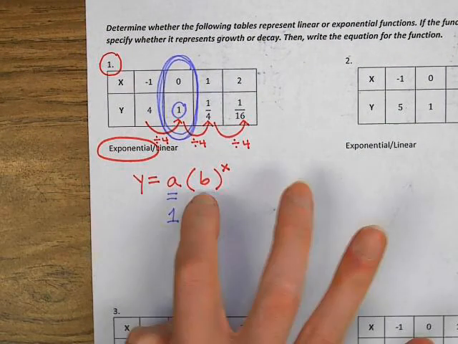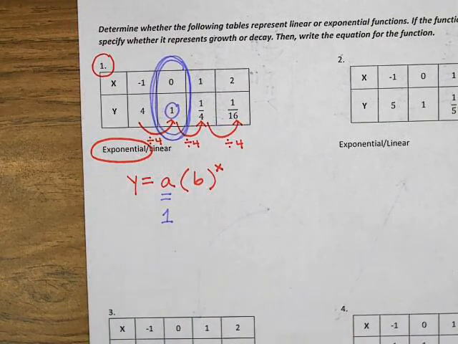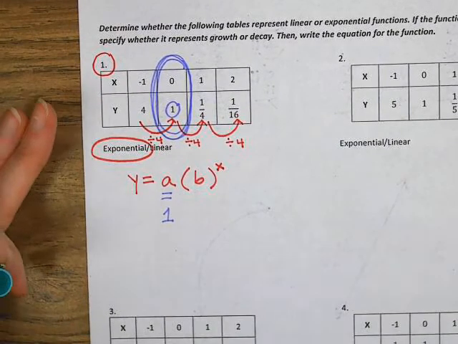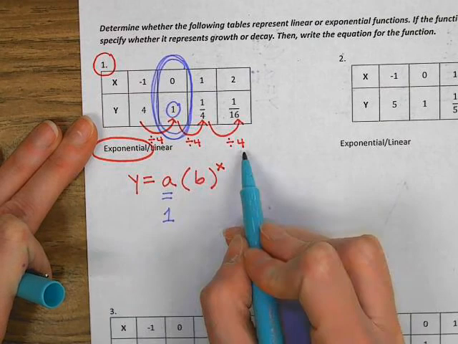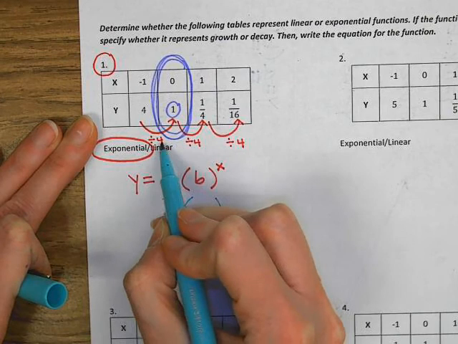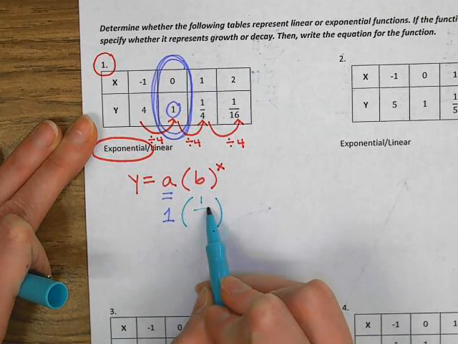And then b is the growth or decay rate, which is how much it's changing from one y to the next. Now, if you remember when we did this, when you're dividing, you actually write it as a fraction. So if it's dividing by 4, you're going to write it as 1/4.